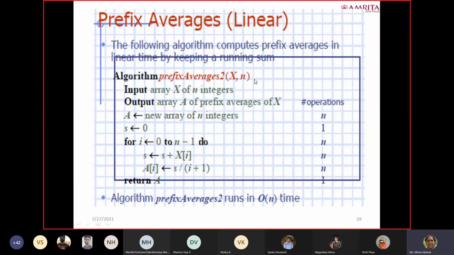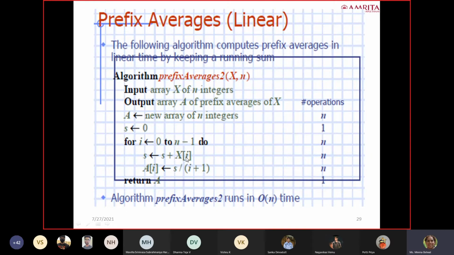Prefix average, input is array x of n integers, output is array A of prefix averages of x. So this is how we do it. The first step is the same. A gets a new array of n integers, and then we make a variable sum as 0. It takes only one operation, and then we do for i equal to 0 to n minus 1: S becomes S plus xi.